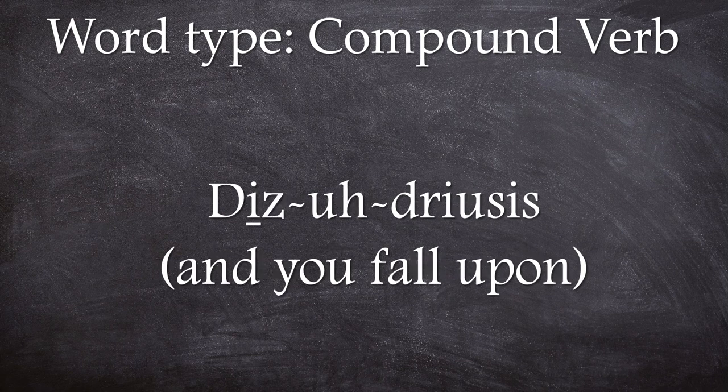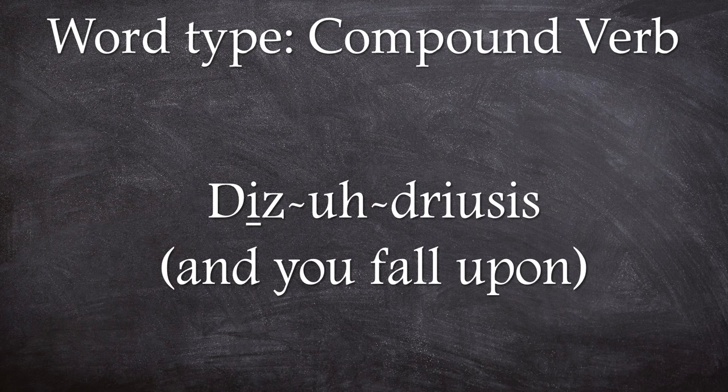Now, here we have an exception within compound verbs. Whenever there are two prefixes before the verb, instead of putting the stress on the verb itself, it's going to go on the first syllable. So here we see the two prefixes, dis and the enclitic, which is a particle.